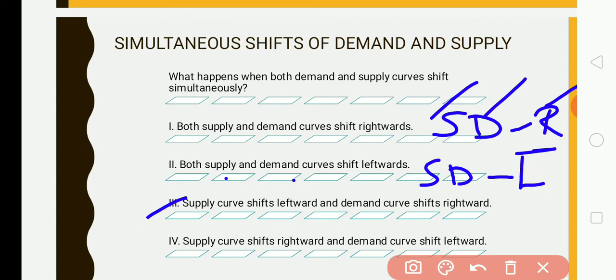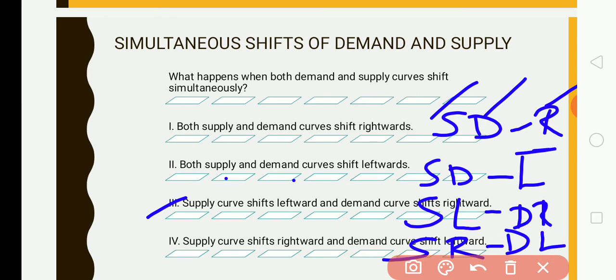Number 3, the supply curve shifts leftward and the demand curve shifts rightward. The fourth: the supply curve shifts rightward and the demand curve shifts leftward. These are the four possible ways the demand and supply curves can shift at the same time.